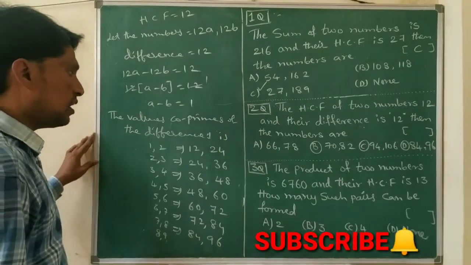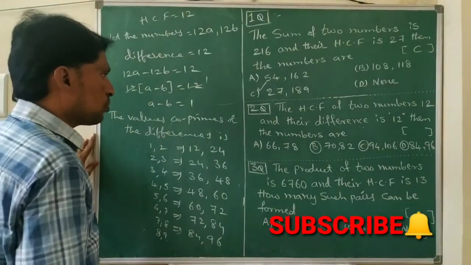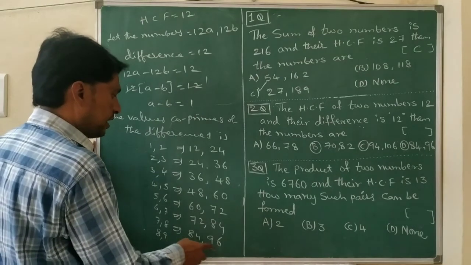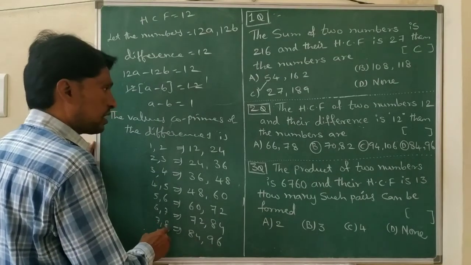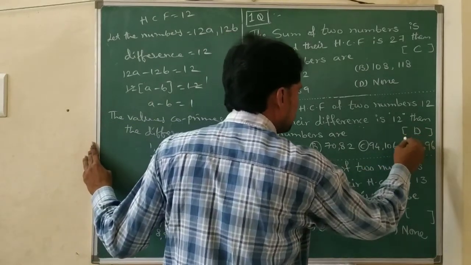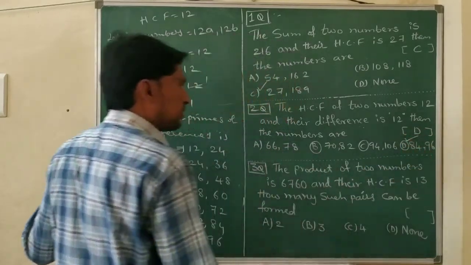Once we check the options, we find 84 and 96, which means 7 comma 8. So 84 and 96 means option D is correct.